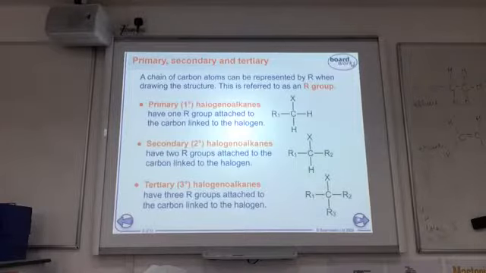So the 1 degree is just like a shorthand for primary. Can you write that in the exam and do the primary in brackets and then continue writing your degree? I would write the words just to make sure that it's primary, secondary, and tertiary.